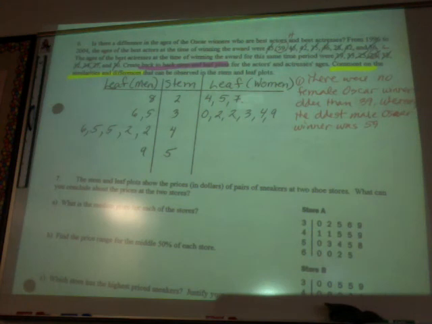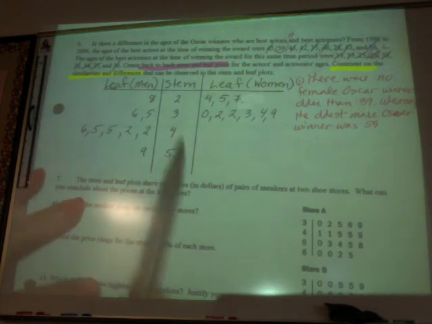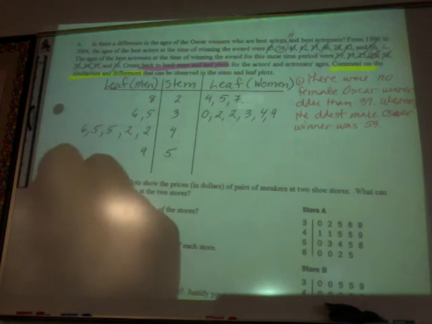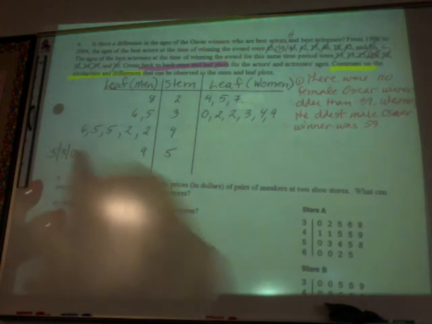Oh, we have to have a key, by the way. So here's a key. I would do a key of the 30 stem or the 20 stem because you have one on each side. So let's just choose the 5, the 3, and the 0. So 5|3|0 is equal to 35 and 30. There's your key.